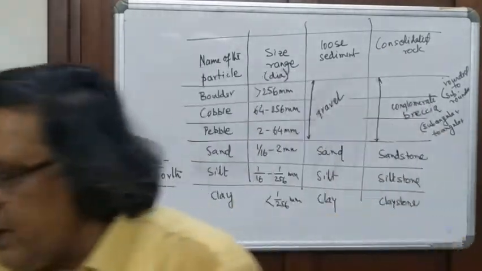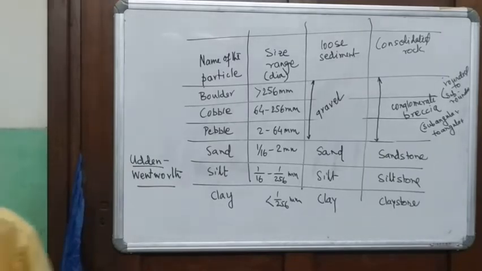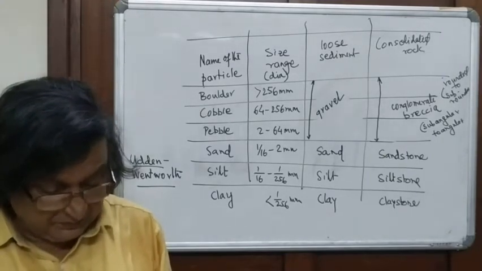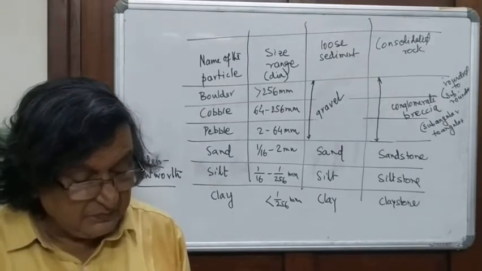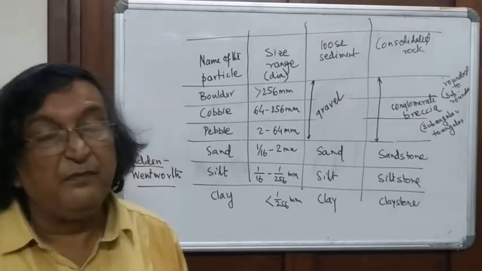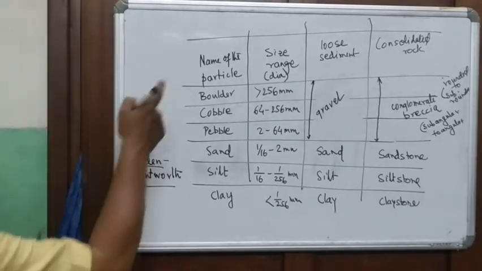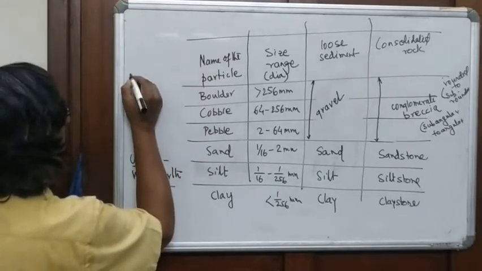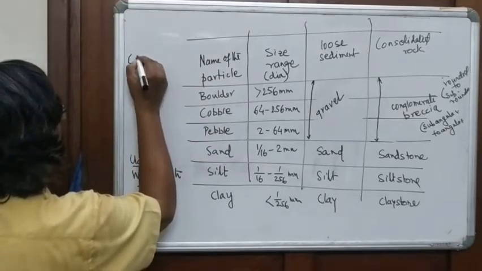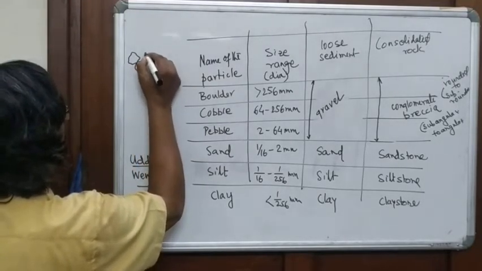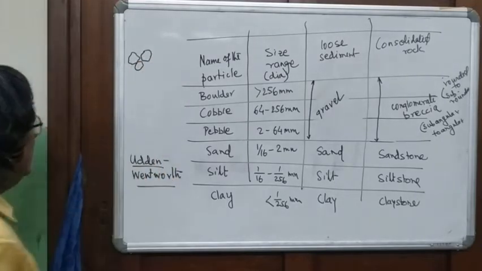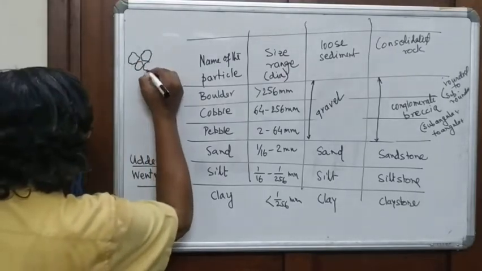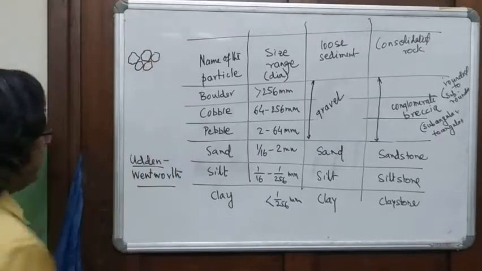So from the loose sediment to the consolidated rock, what is the difference? Say for example, for a loose sediment, it is like this, loose sediments that are in contact.